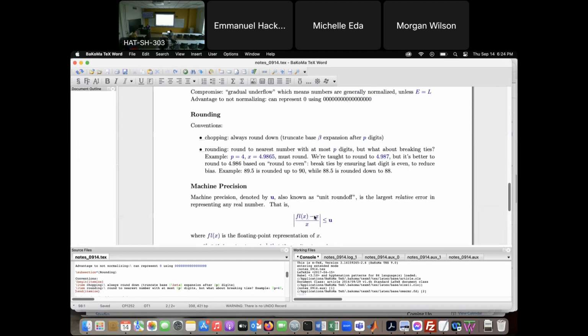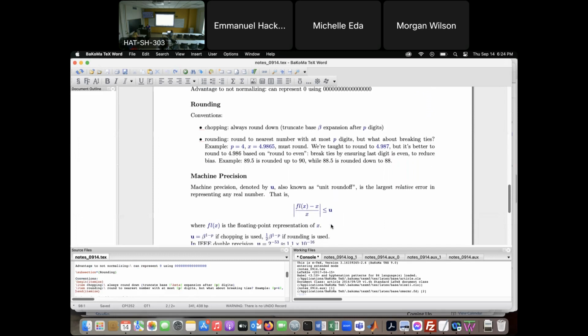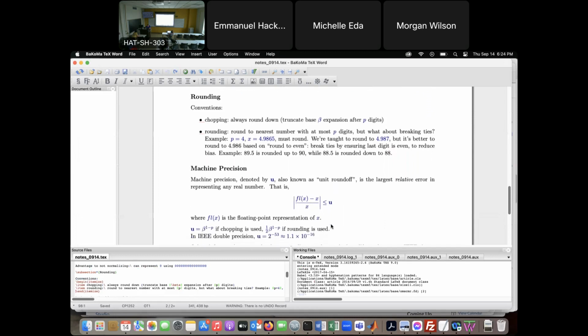Now, if x is your actual number you want to represent, then fl of x is the number that you get from representing it the best you can in your floating point system. So the relative error, the approximation minus the exact over the exact, the largest value of that is your unit round off.